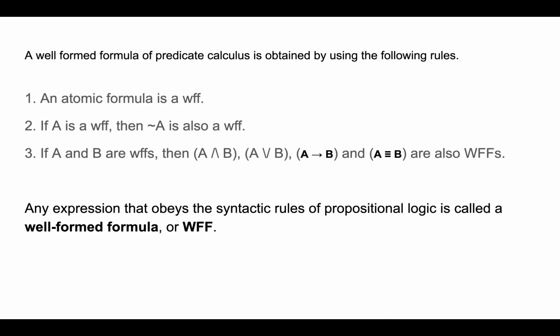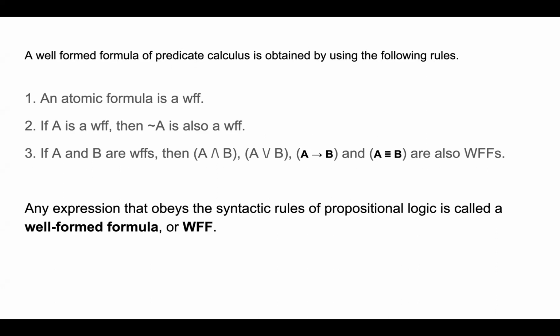If A and B are well-formed formulas, then A and B, A or B, A implies B, and A biconditional B are also well-formed formulas. Means what? For the negation, we have seen in the second rule.